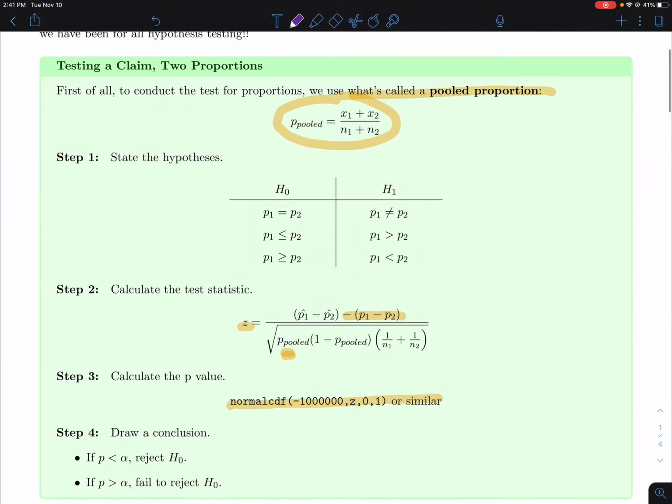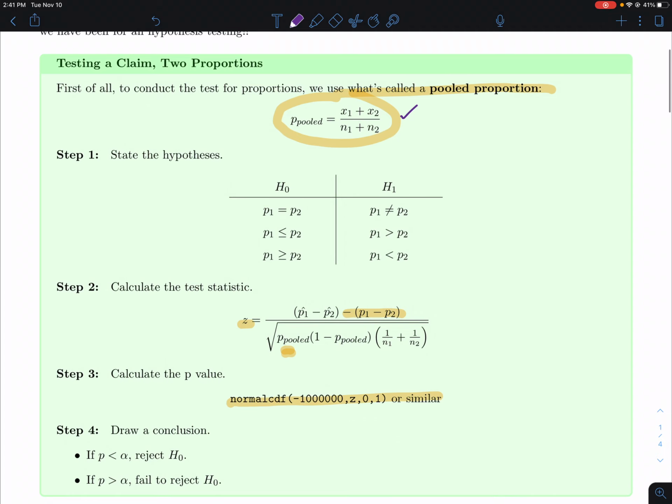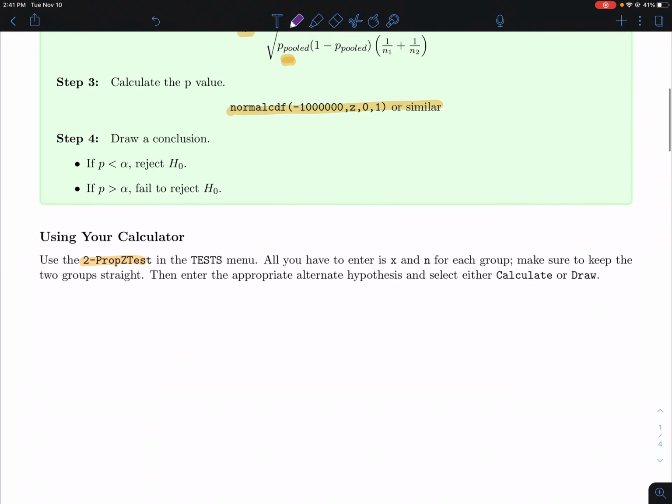So this is where we're going to have to calculate the probability of pooled. So in this case, let me just write down the formula real quick for everything.